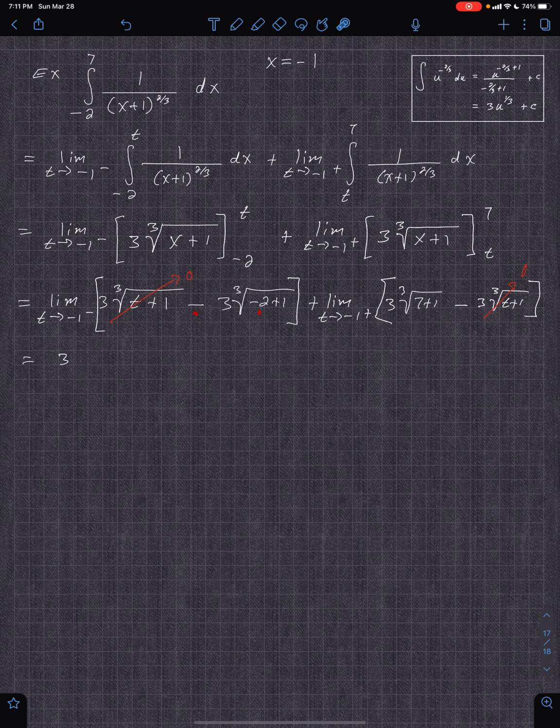So negative, and that's a -1, so it becomes a 3. And then plus 3 times cube root of 8 is 2, right? So that's a 2 there. So it ends up being 3 times 2, so that's just 6, which is equal to 9.